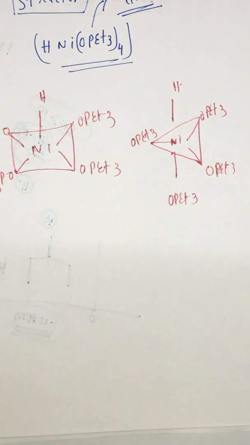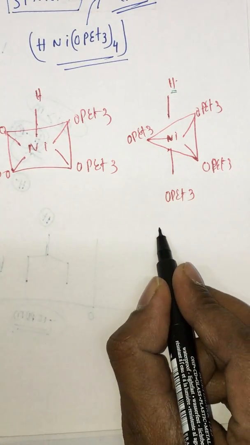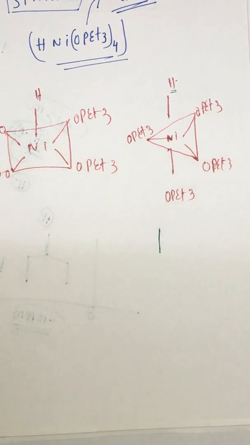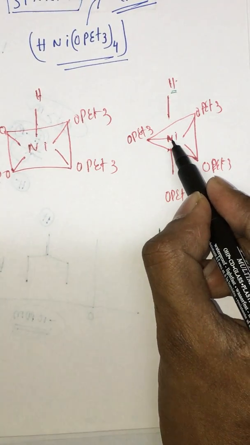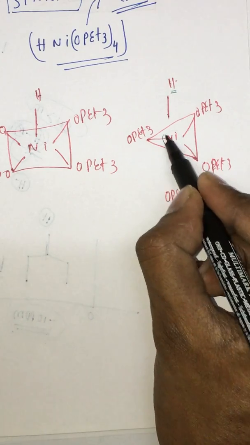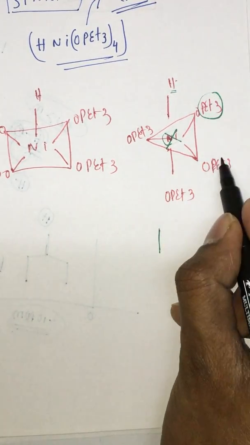So first we will go for the trigonal bipyramidal, because most five-coordinate complexes exist as a trigonal bipyramidal. I hope this could be the correct answer. Here we have a single hydrogen, so for that we will get a single line. Nickel is not active, so this hydrogen has to couple with the phosphorus.